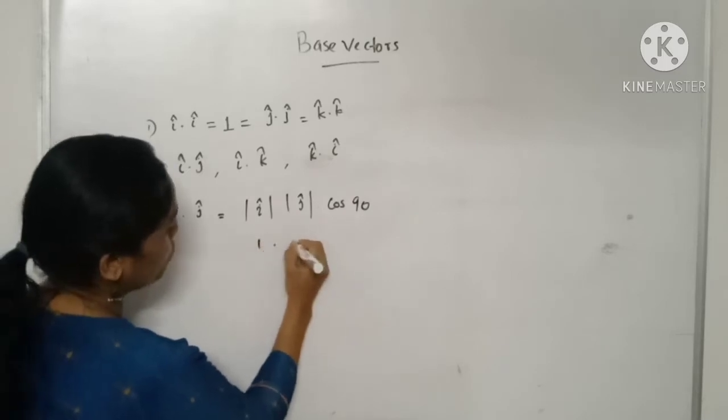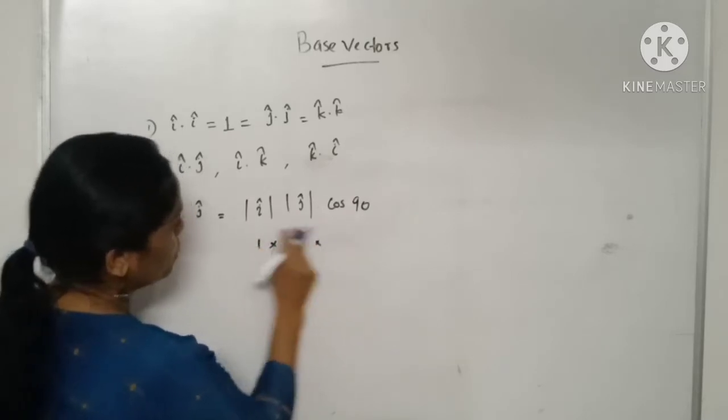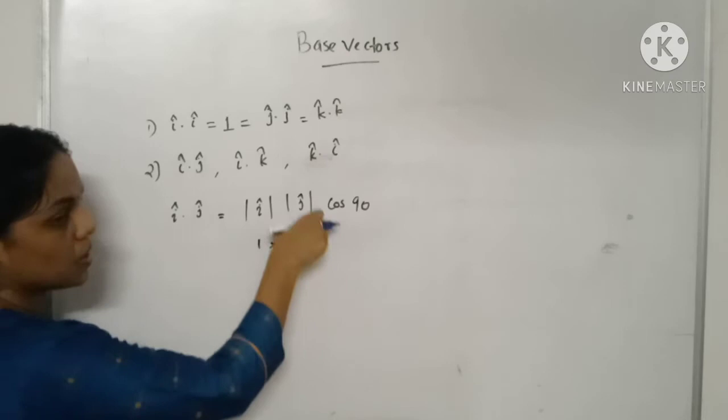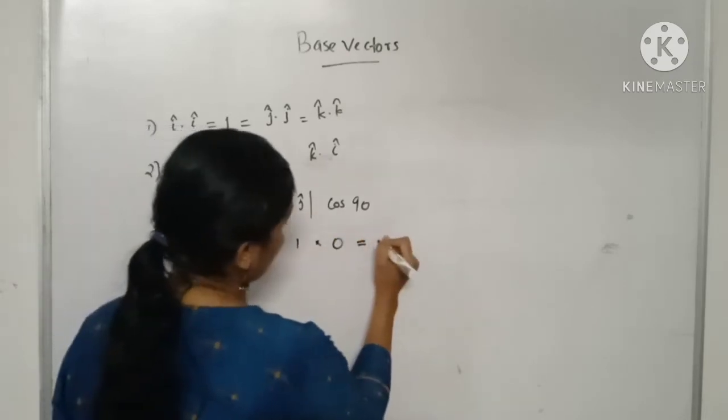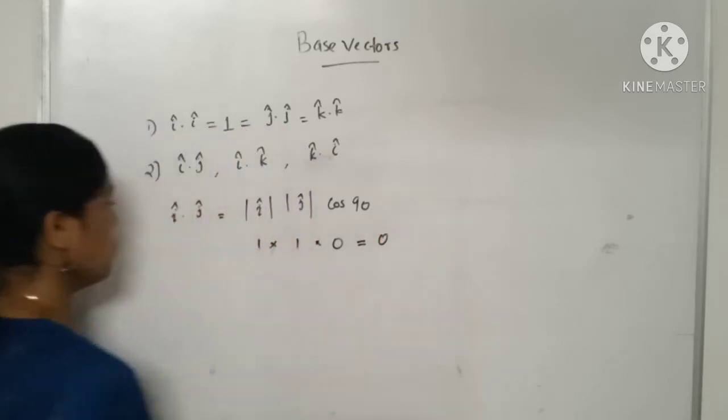Therefore, 1 into 1 into cos 90, since modulus of i is equal to 1, modulus of j is equal to 1, and cos 90 is equal to 0. Therefore, we will get 0 for i dot j.